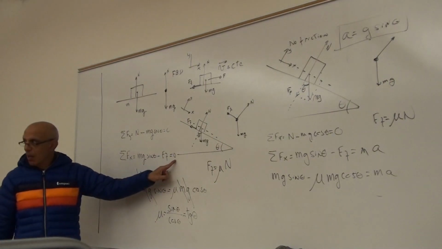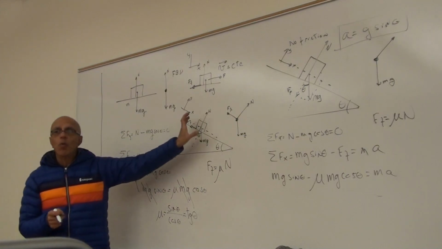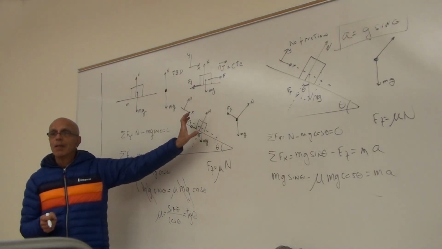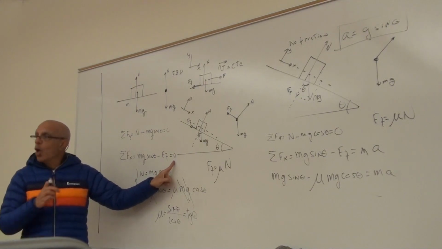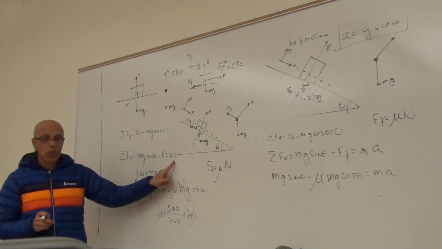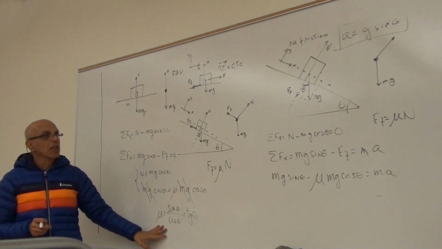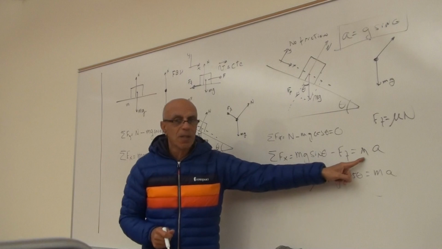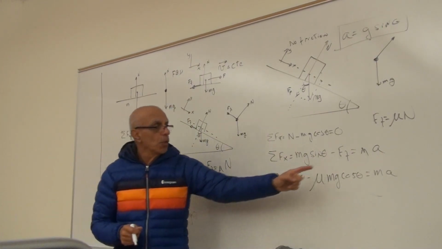It's just that now you have to think about it. The thing is not moving, right? Zero. There's no acceleration. Not moving, no acceleration, so I solved this and I got this. Now I have here some acceleration, so this has to be equal to ma.